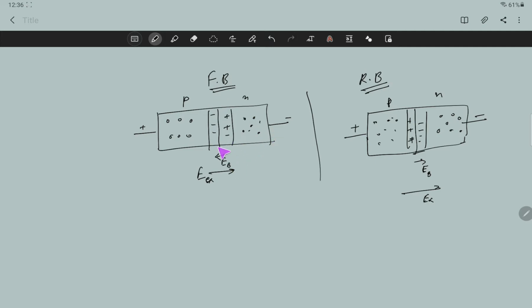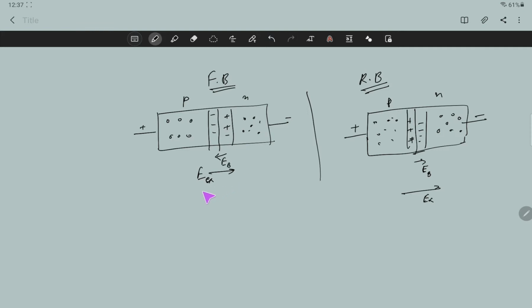We see in the depletion region the electric field is in the opposite direction, towards the left, while when you put a battery outside in forward bias, the external electric field inside this depletion region will be towards the right hand side.